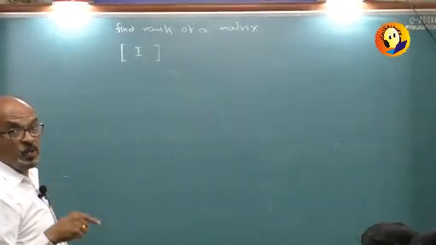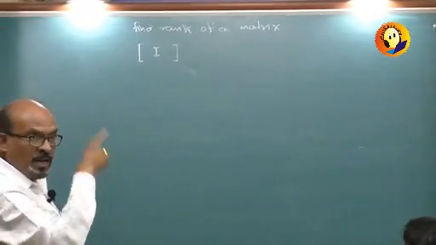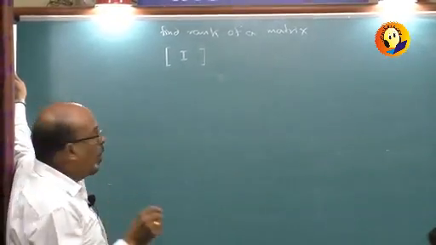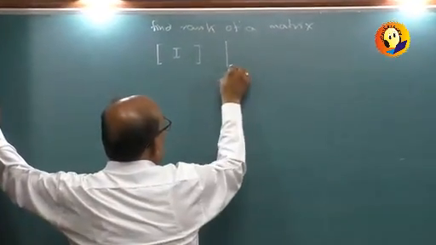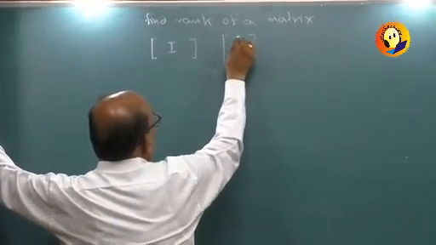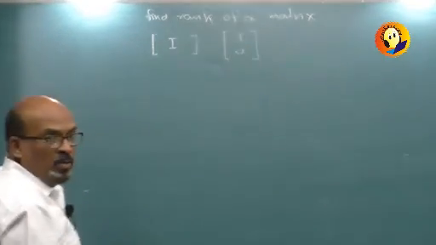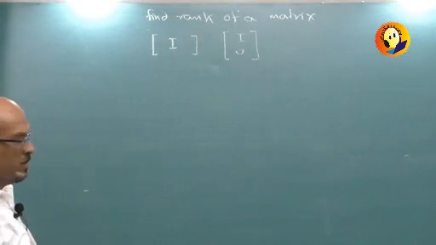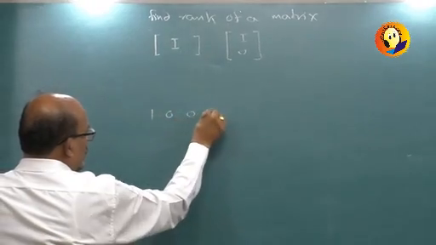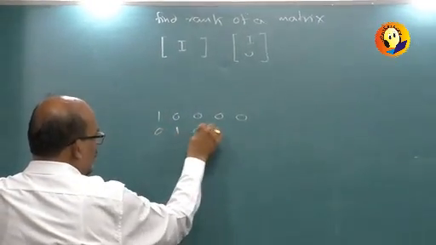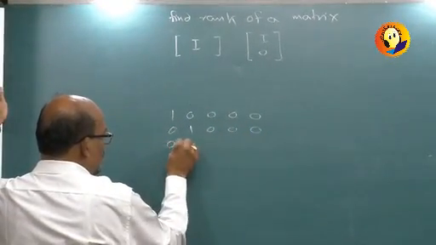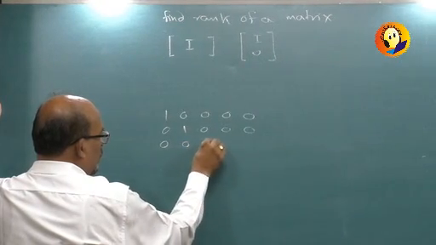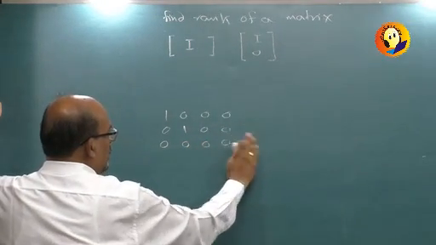If it is a square matrix and all the diagonal elements are 1. Or sometimes it can be I and 0, meaning we have got something like 1 0 0 0, 0 1 0 0, 0 0 0 0. Let me reduce it to this.